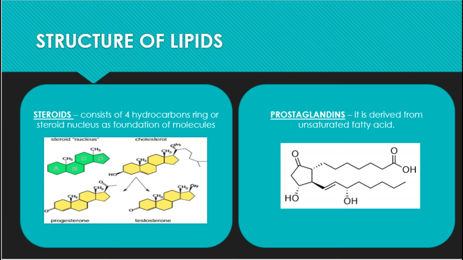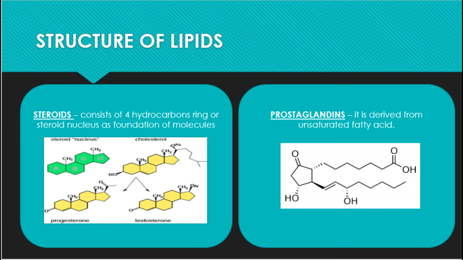The first ring contains a hydroxyl group that extends into the water environment of the animal cell membrane. The rest of the molecule is water insoluble. So here we can see that cholesterol is divided into two, which are progesterone and testosterone.